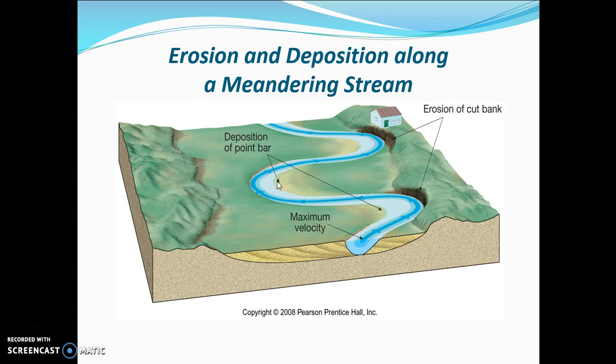So it deposits sediment, and this starts growing. Aggradation is the term that we use. It's getting bigger because sediment is being deposited, and so it starts traveling in that direction. Okay, so the whole thing is very dynamic. It's always moving. The point bars are growing in one direction and the cut banks are being eroded in another.